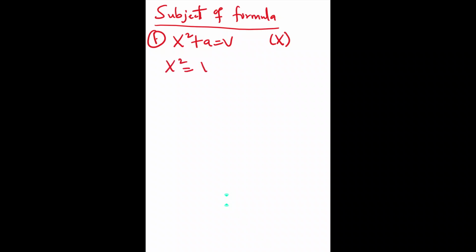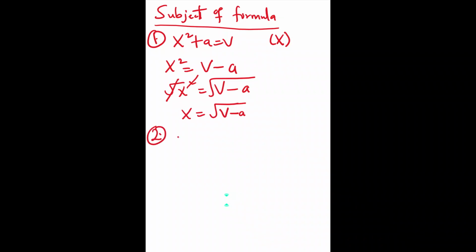So let's take a to the other side. So x squared is equals to v minus a, right? So now, like I said, we have to square root both sides in this one. So when we square root both sides, we have something like this. We cancel this, okay? And then the final answer will be x is equals to square root of v minus a.